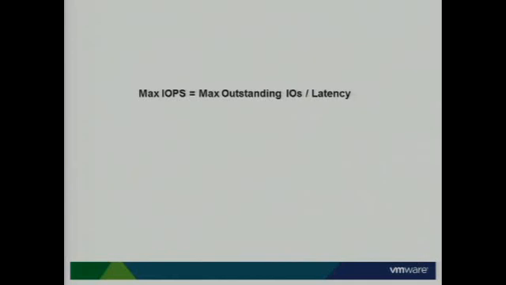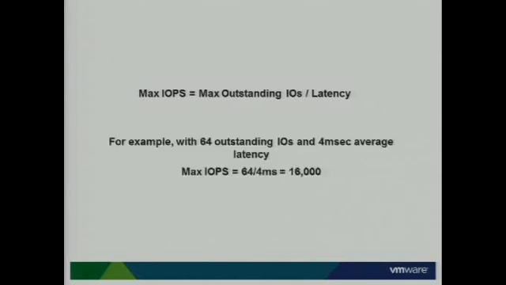Okay, that's another nice equation that I want to point out, which is the maximum IOPS that you could achieve is basically the maximum outstanding IOs divided by the average latency that you notice. So to give you an example, if your queue depth is 64 and your average IO latency is 4 milliseconds, then the theoretical max IOPS that you can achieve is 16,000.